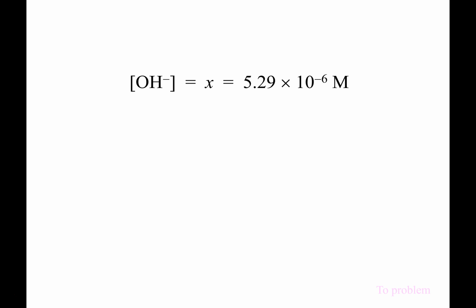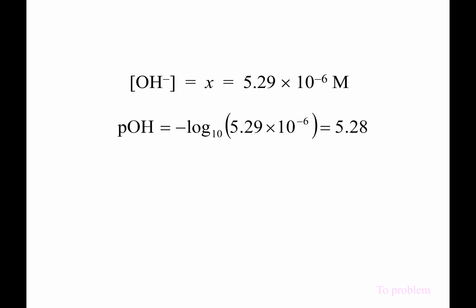If that's our hydroxide ion concentration, we could get not the pH, but the pOH by applying the P function. If we take negative log of 5.2 times 10 to the minus 6, you'll get a pOH of 5.28.